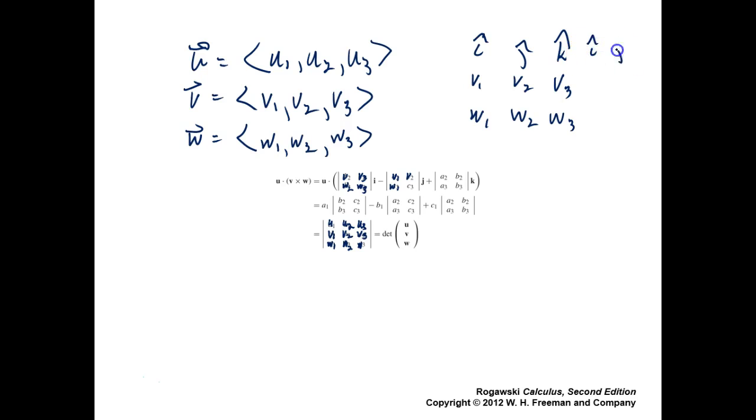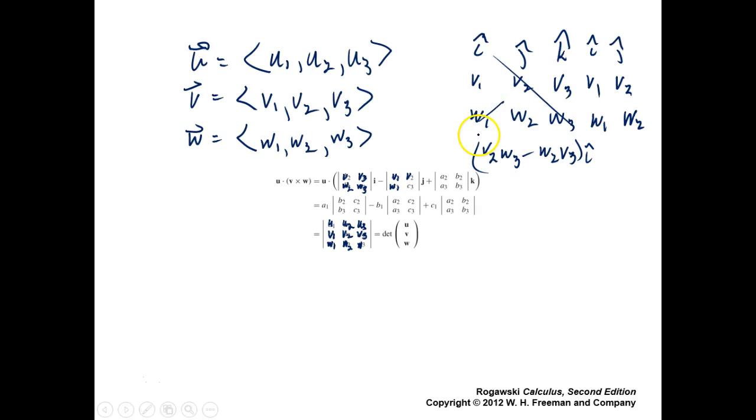Repeat the I and the J columns, V1, W1, V2, W2. Then do your multiplication. This is V2W3 minus W2V3 I. Okay?